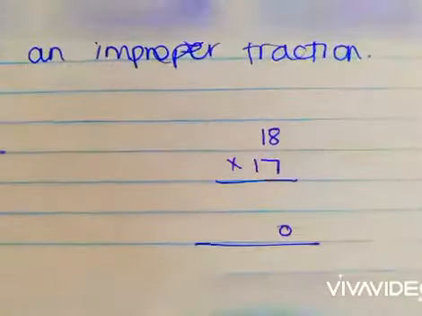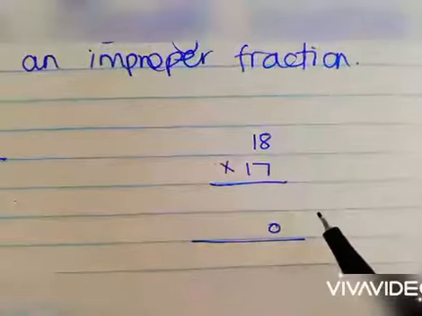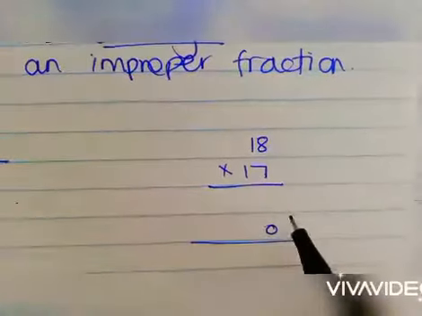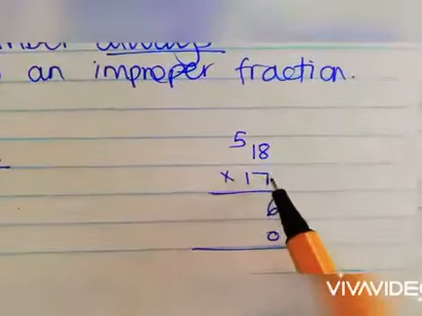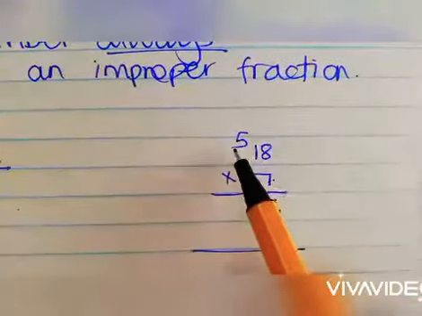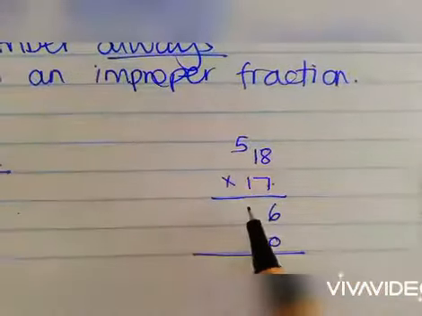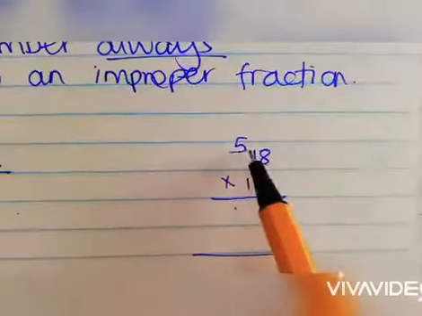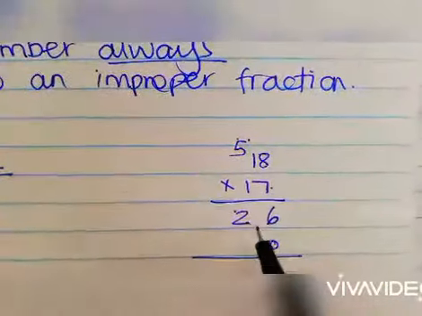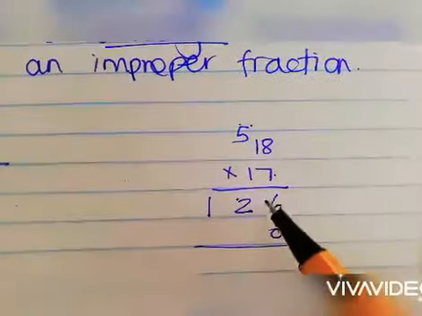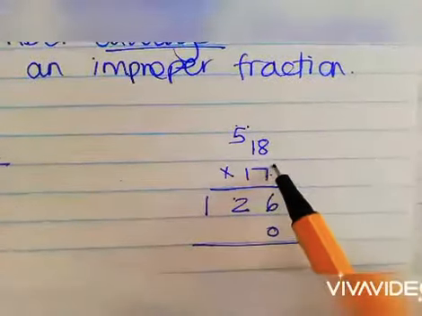So we've got 56. So put down the 6, carry the 5. 7 times 1 is 7, plus 5, 8, 9, 10, 11, 12. Okay, so you can do it like that.